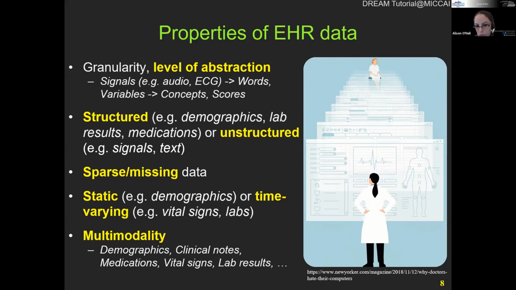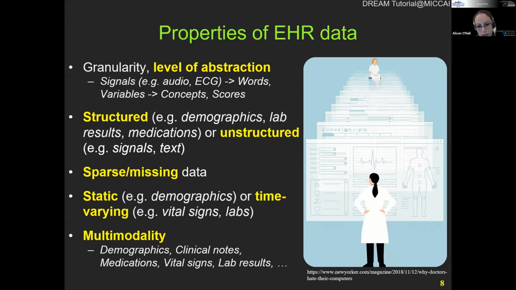There's a mix of structured data and unstructured data. So text is clearly unstructured, but we have much data which is already in structured form. So medications and prescriptions, lab test results, demographics, and so on would already be in structured form. We often have data which is sparse or missing. Sometimes we can infer what the missing data might be using our expert knowledge.